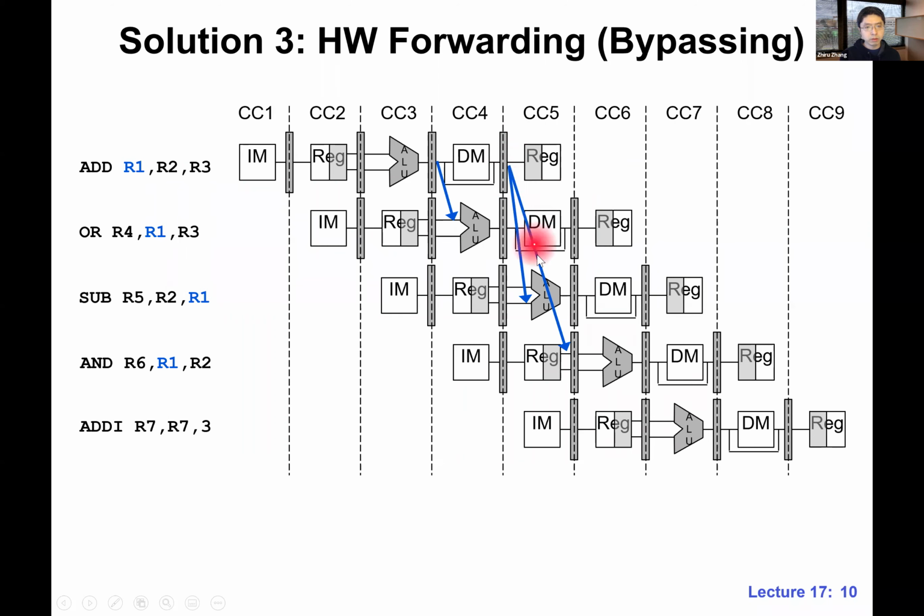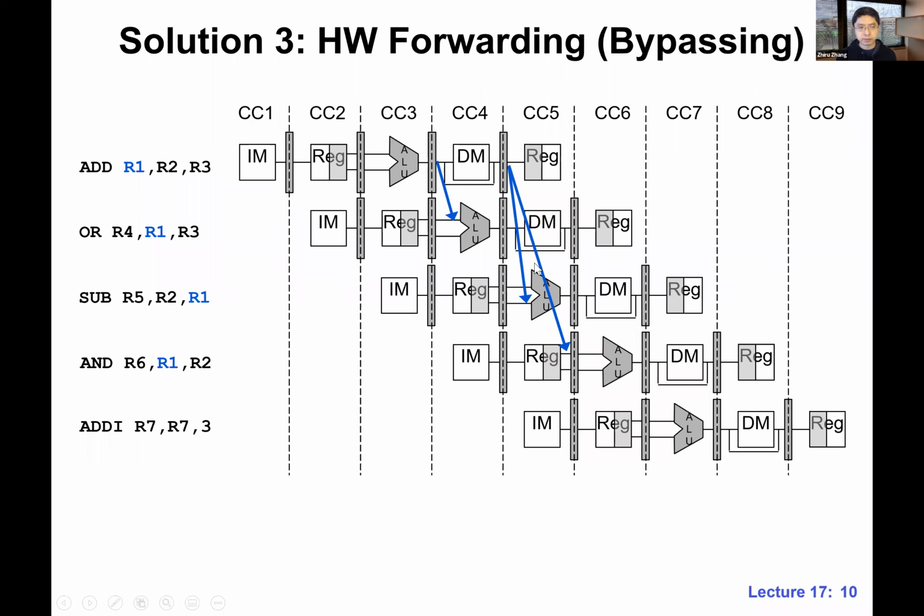At this point, we actually want to forward to this signal. Basically, we overwrite whatever is being read from the register file, and we put the mux here, and then we put it into this pipeline register, so that in the next clock cycle at CC6, the ALU will be operating on the correct input.